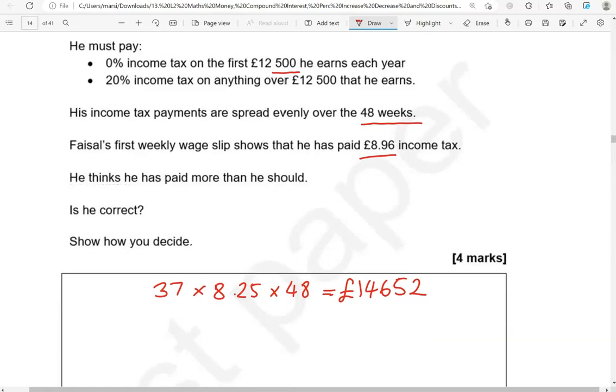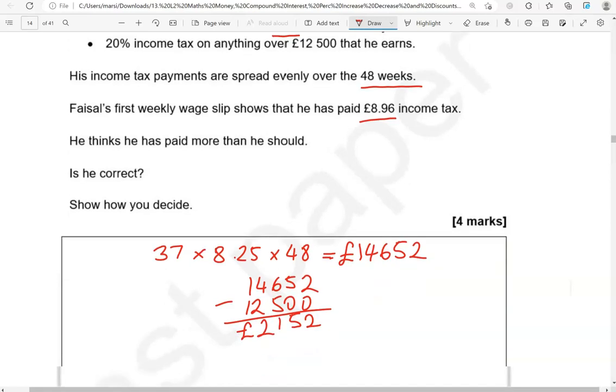If we take away 12,500, for which he's not going to pay any tax, then we can work out the amount that he will pay tax on. So if we do £14,652, take away 12,500, that's 2,152, so £2,152 he will pay tax on, and that's 20%.